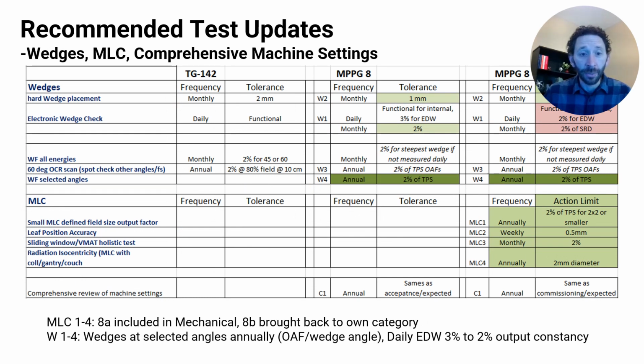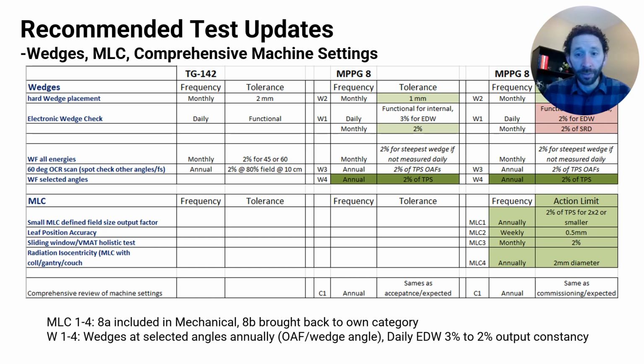Wedges, MLCs, and comprehensive review of machine settings each get their own categories here. Things like the selected angle for your EDW test, what's being used clinically, not necessarily the maximum angle, and then looking for the off-axis factor to report that appropriate angle to your wedge.